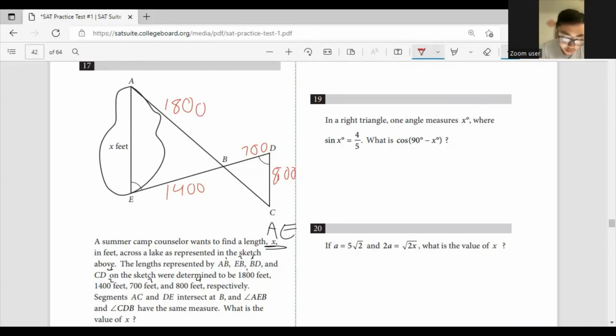Now, a couple things I could look at. Okay. So I know actually two things. So I actually see something called a vertical angle, which is an important thing in geometry, where I have this angle here. This is also going to be equal to this angle right here.